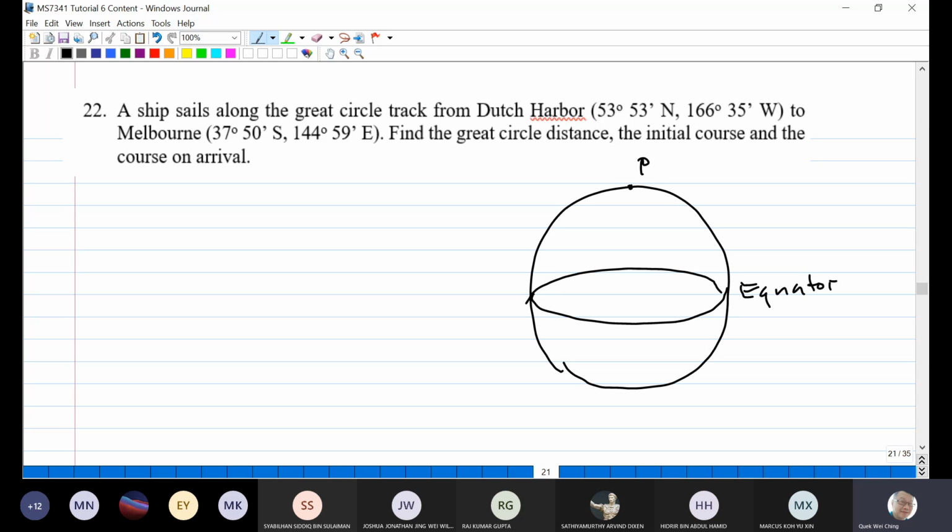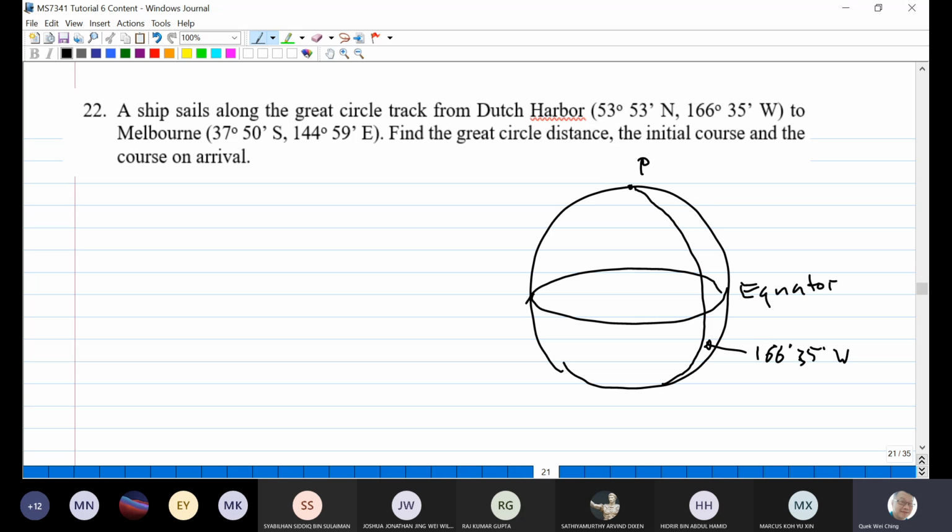Okay, a ship sails along the Great Circle track from Dutch Harbor, which is from the left side of the Earth sphere, 166 degrees 35 minutes west. So I'm going to turn the circle around so that you can see better, and look at the Earth from the other side.